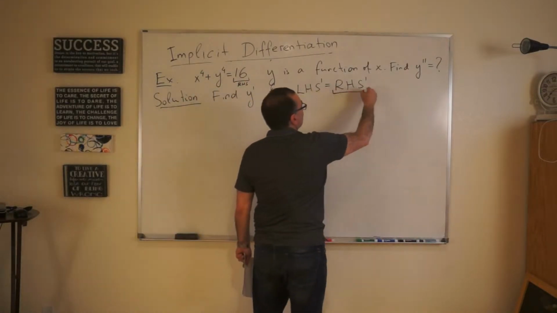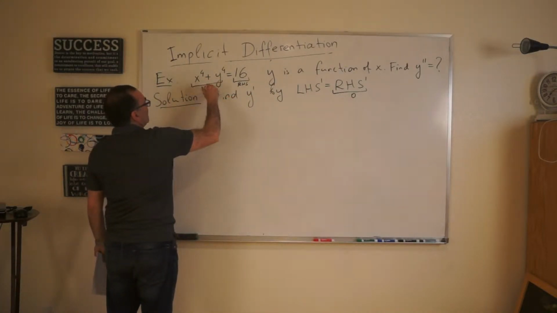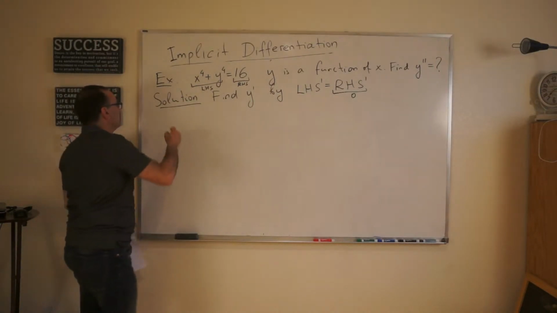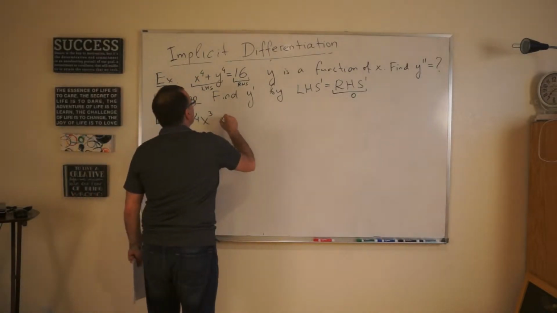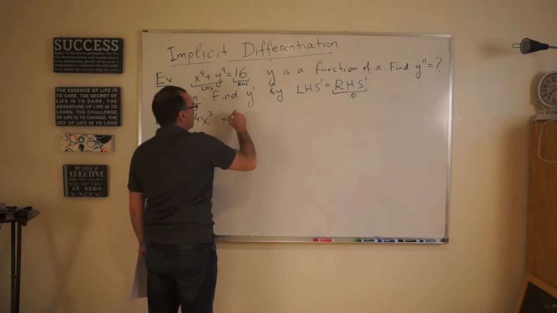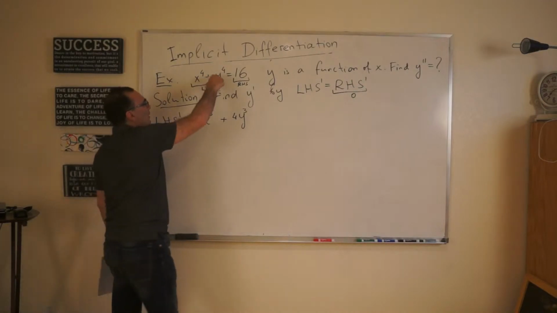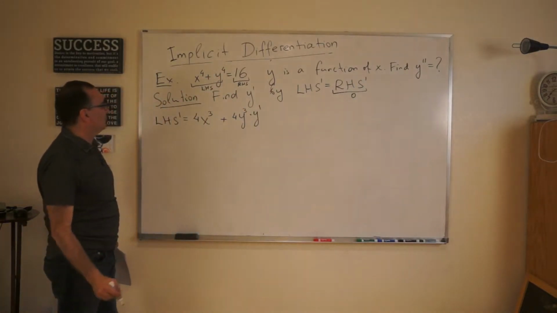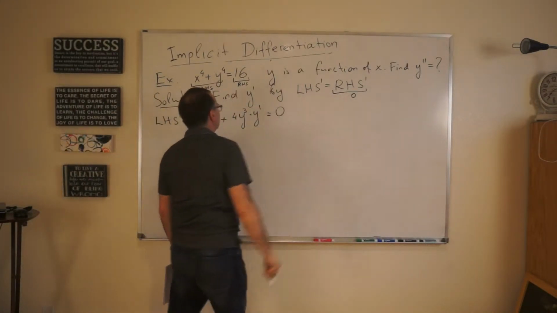The left hand side is x to the power 4 plus y to the power 4, so the derivative is 4x cubed plus 4y cubed, and again, whenever we take the derivative of anything involving y, we need to multiply by y prime. That equals the derivative of the right hand side, which is 0.